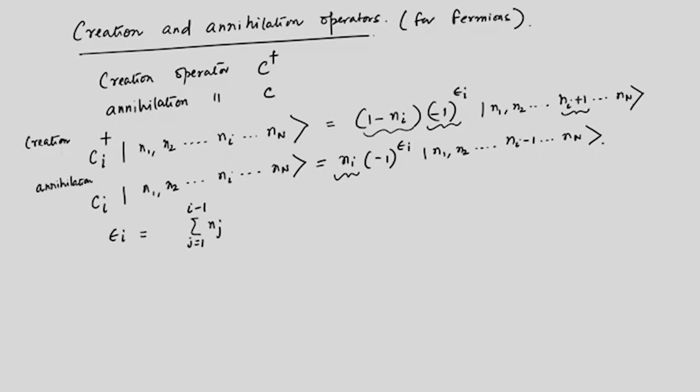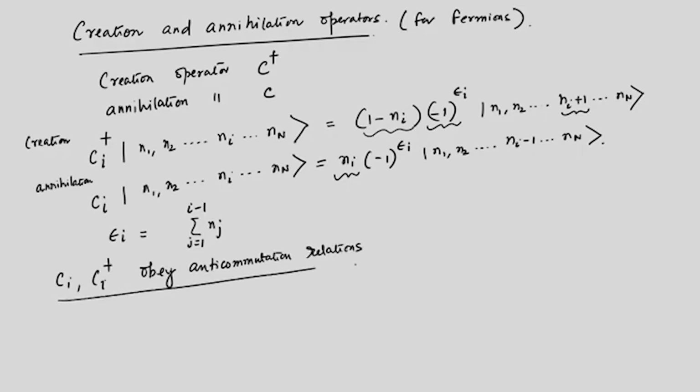Now, these things obey anti-commutation relations. And what are anti-commutation relations? They are just like the commutation relations that you are familiar with. Just to remind you that the xp commutator is equal to i h cross.